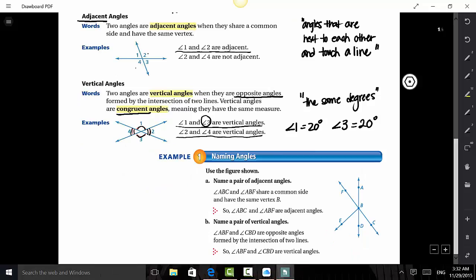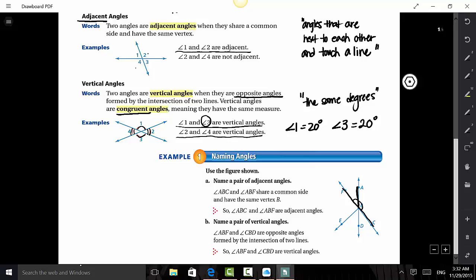Okay, we're going to look at a few examples. The first problem is to name a pair of adjacent angles. We have to find adjacent angles. We found here angle ABC and angle ABF, they share a line.